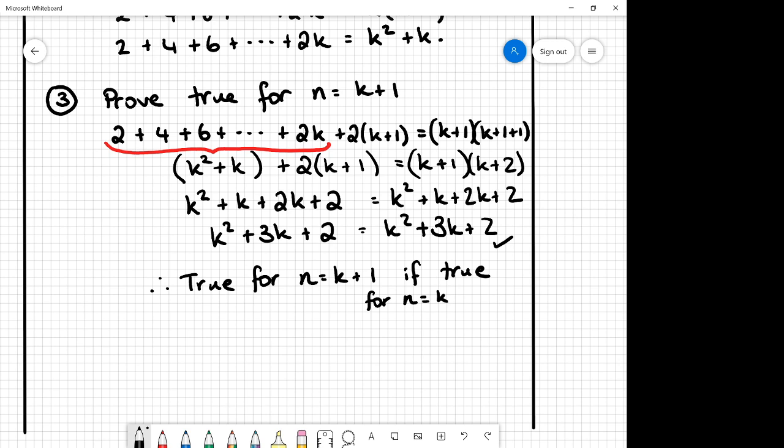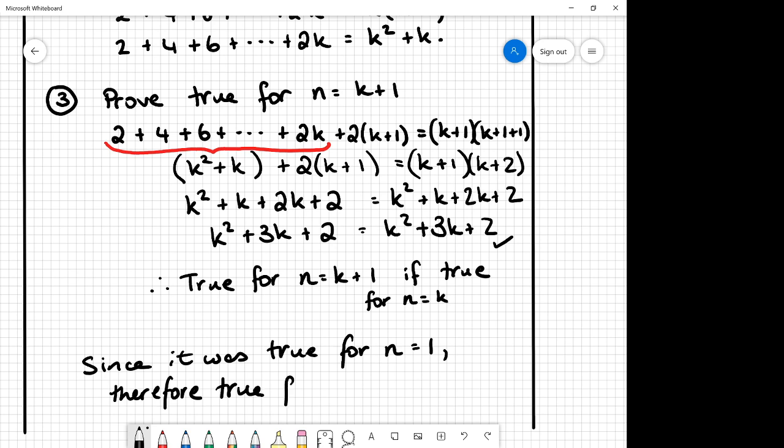And that'll keep on going forever. So finally, since it was true for n equals 1, it's true for every natural number.